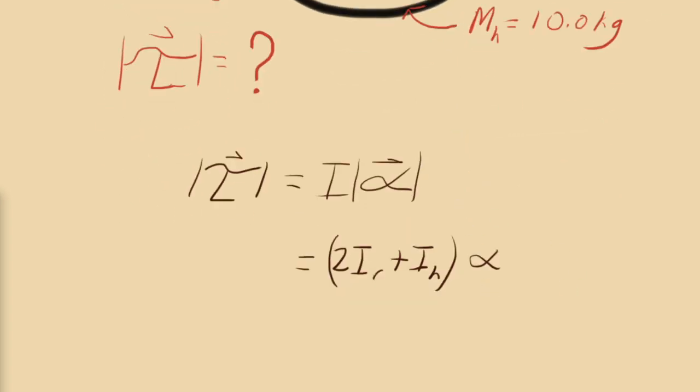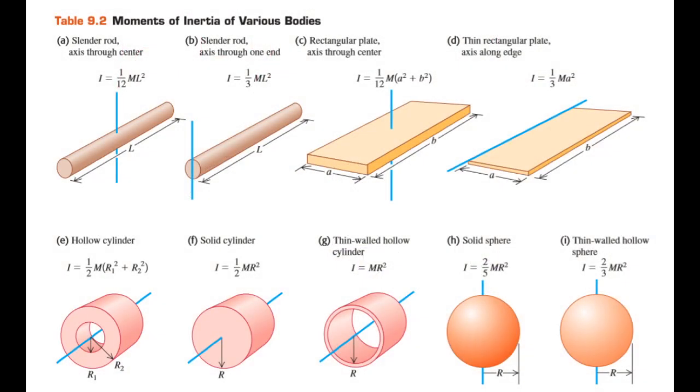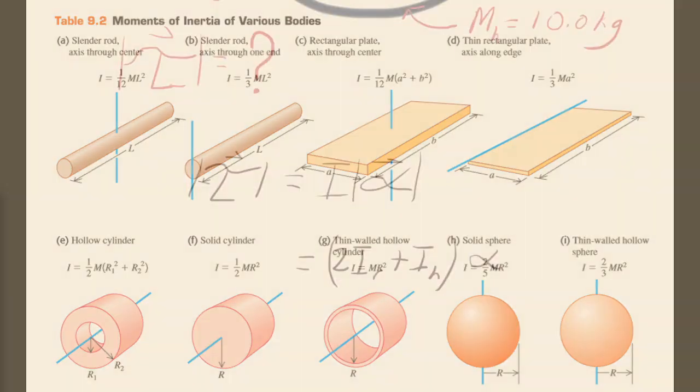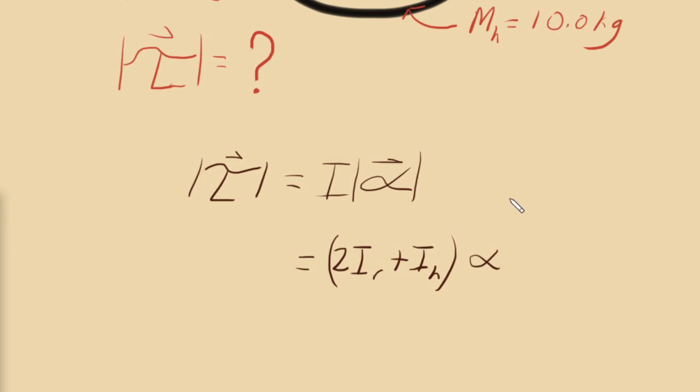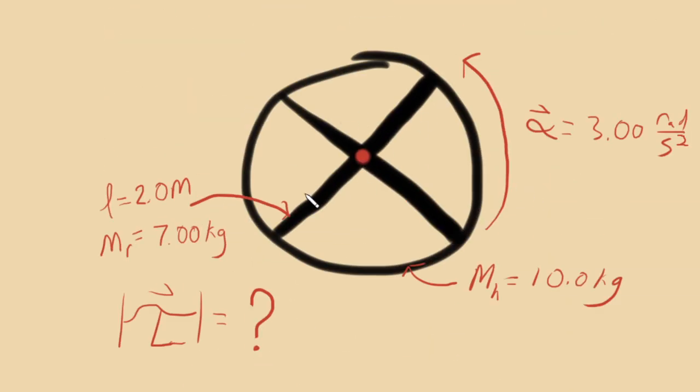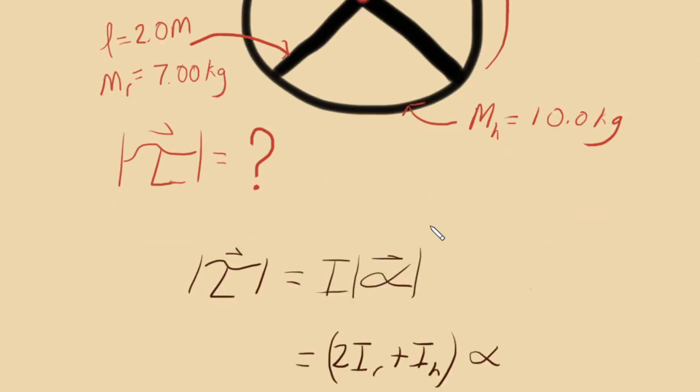So here, looking at the moment of inertia table once again, you could see that letter A, our I equals 1/12 ml squared, is a good representation of the rod for this wheel, 1/12 ml squared, the entire length of it squared.